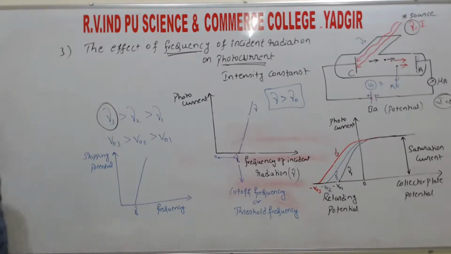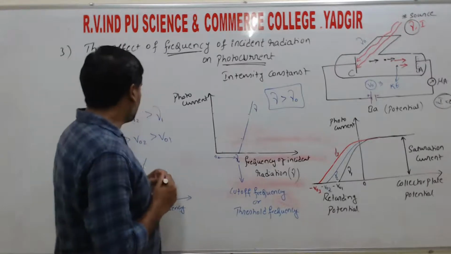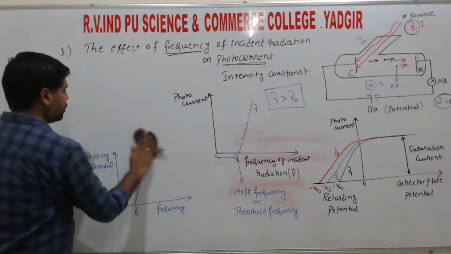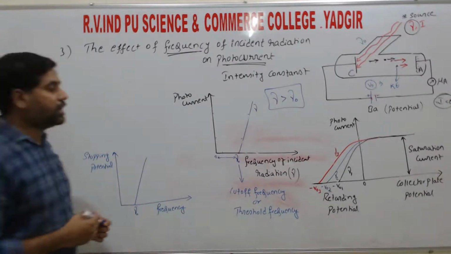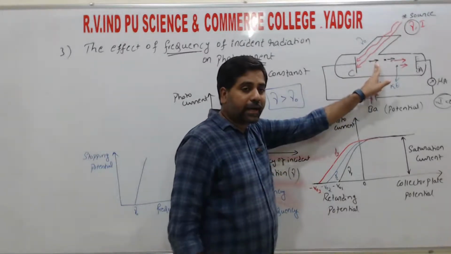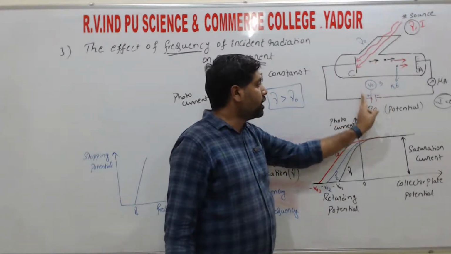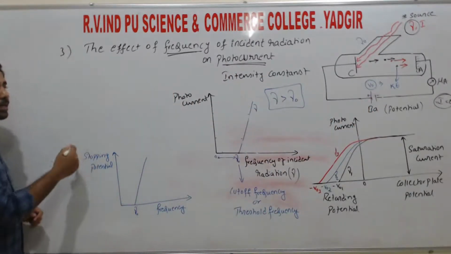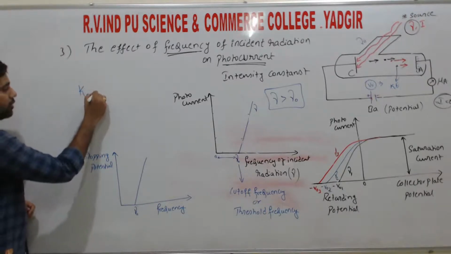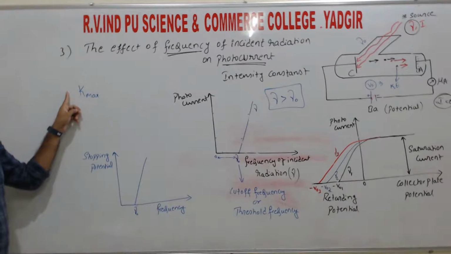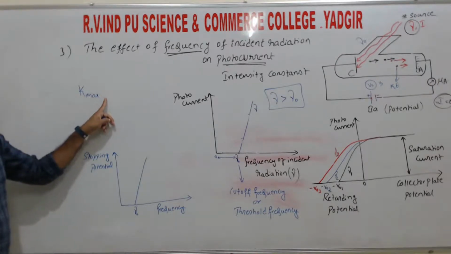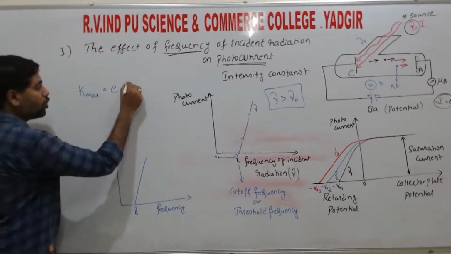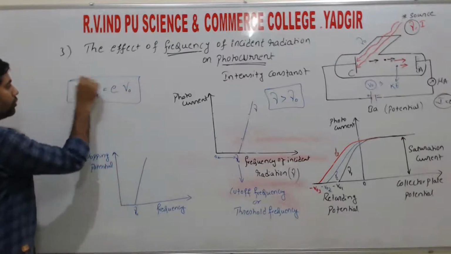Next, here one more thing we discussed, that is the energy of the emitted electrons is proportional to the applied stopping potential. That is, the kinetic energy of the emitted electrons is equal to the electron charge times the stopping potential, right?